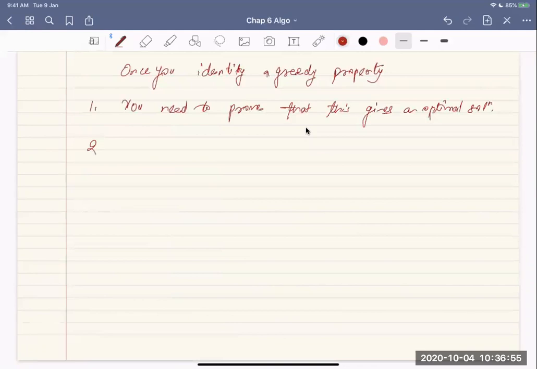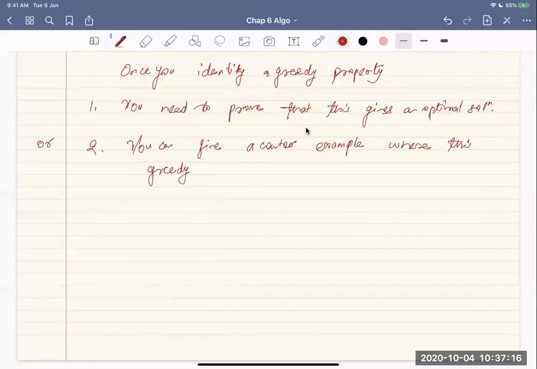But otherwise, suppose I give you a greedy property and you want to say this is not correct, this is not optimal. Then you can give a counterexample where this greedy property does not give you an optimal solution.